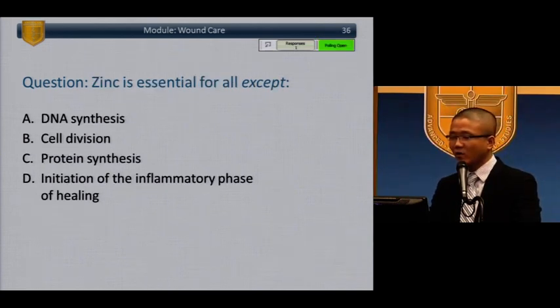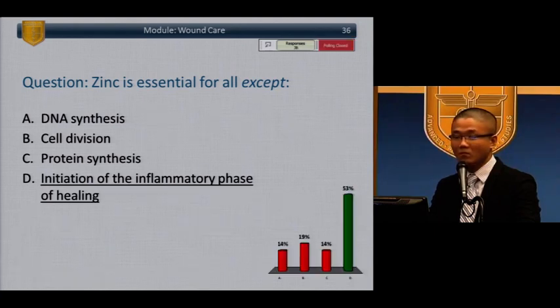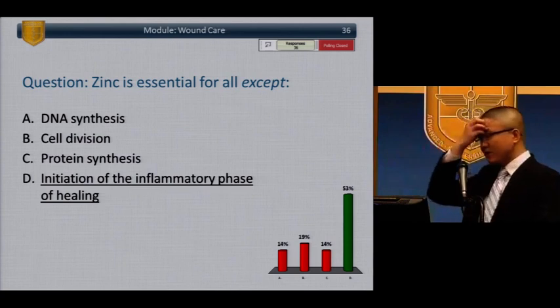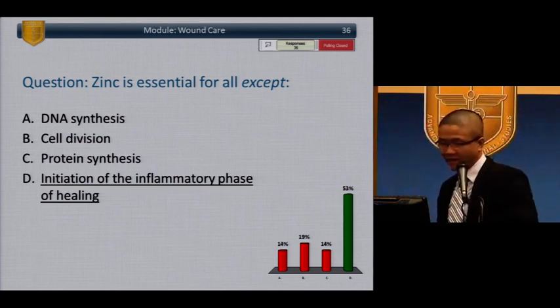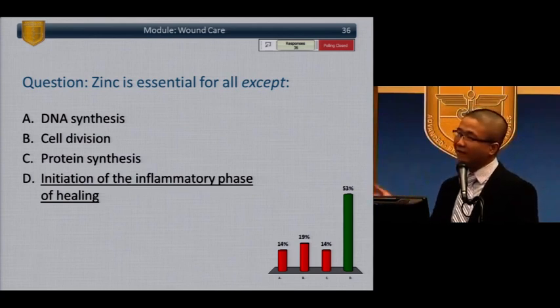Zinc is essential for all except, great, yeah.